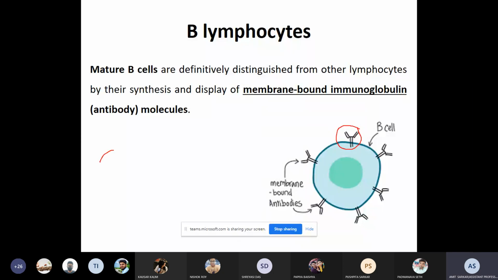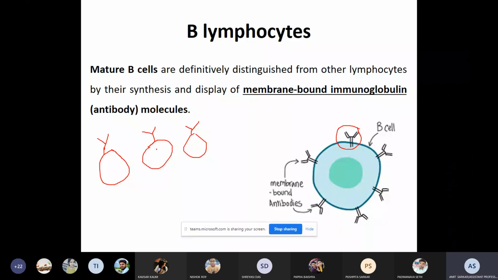Say this is one B cell, this is another B cell, and this is another B cell. All of them have the membrane-bound antibody. But this first one has membrane-bound antibody specific for one microorganism, say Escherichia coli, or E. coli.